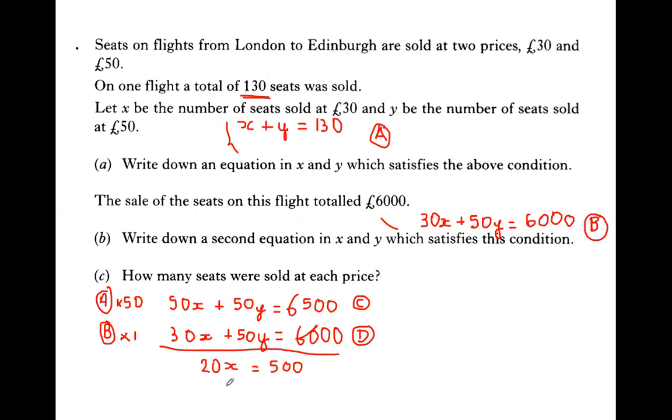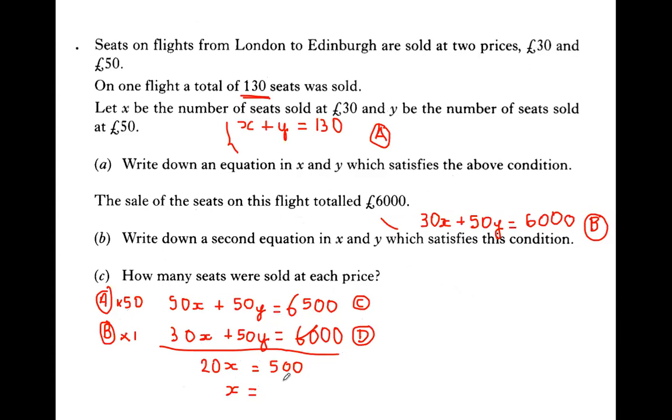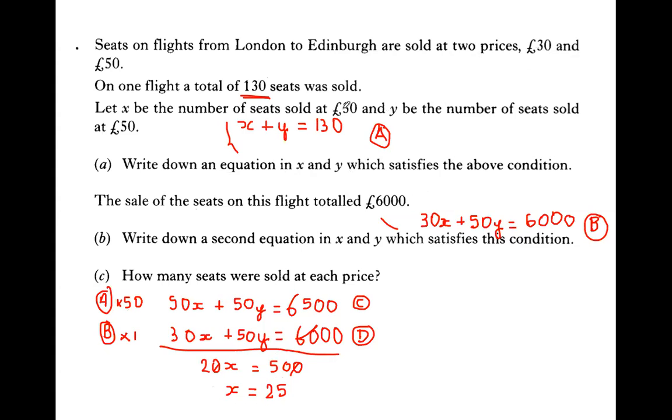Then x equals 500 divided by 20, or 50 divided by 2, which is just 25. So I've got 25 seats sold at £30.